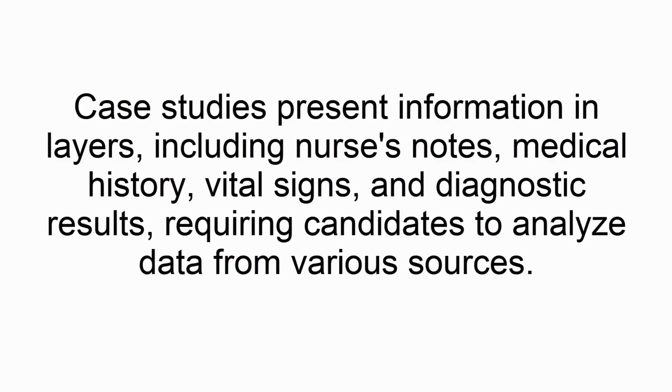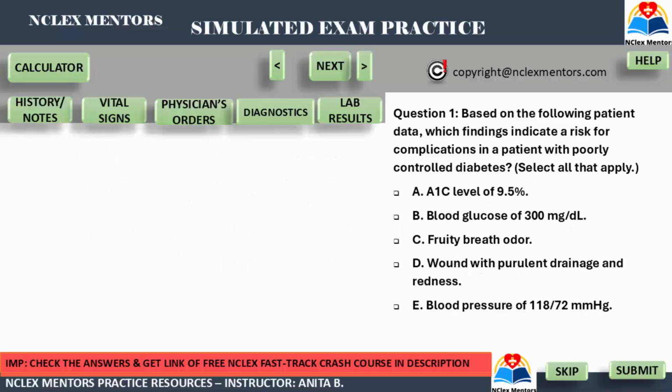Point number 7, layered information. Case studies present information in layers, including nurses' notes, medical history, vital signs, and diagnostic results, requiring candidates to analyze data from various sources. For example, in a multiple response question about a diabetic patient with a fever and a draining wound, you may first receive the nurse's note mentioning the patient's elevated temperature of 101 degrees Fahrenheit, followed by lab results indicating a high blood glucose level and a high white blood cell count.